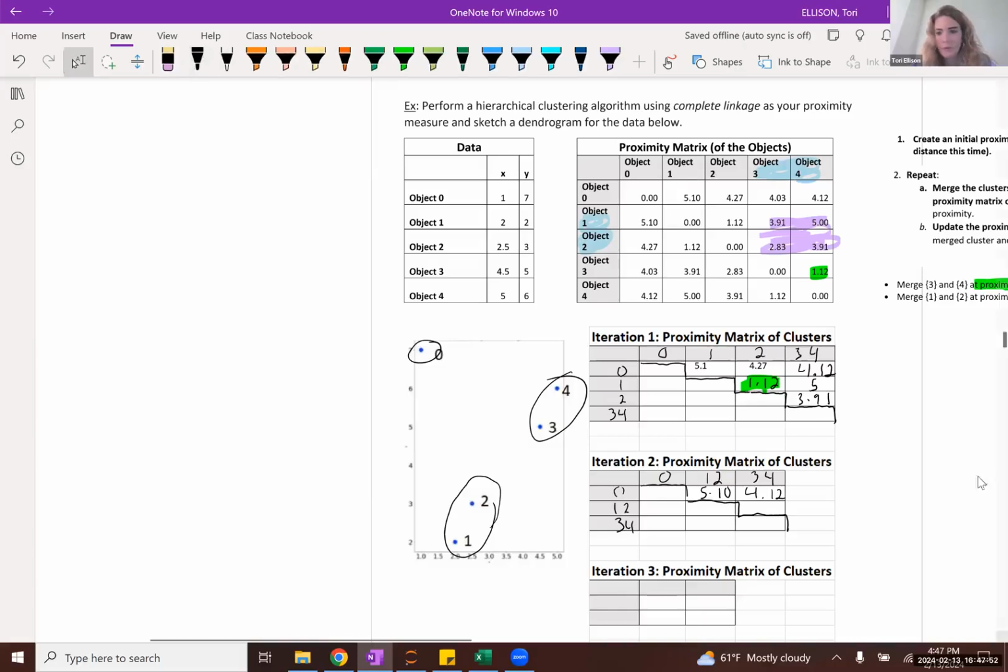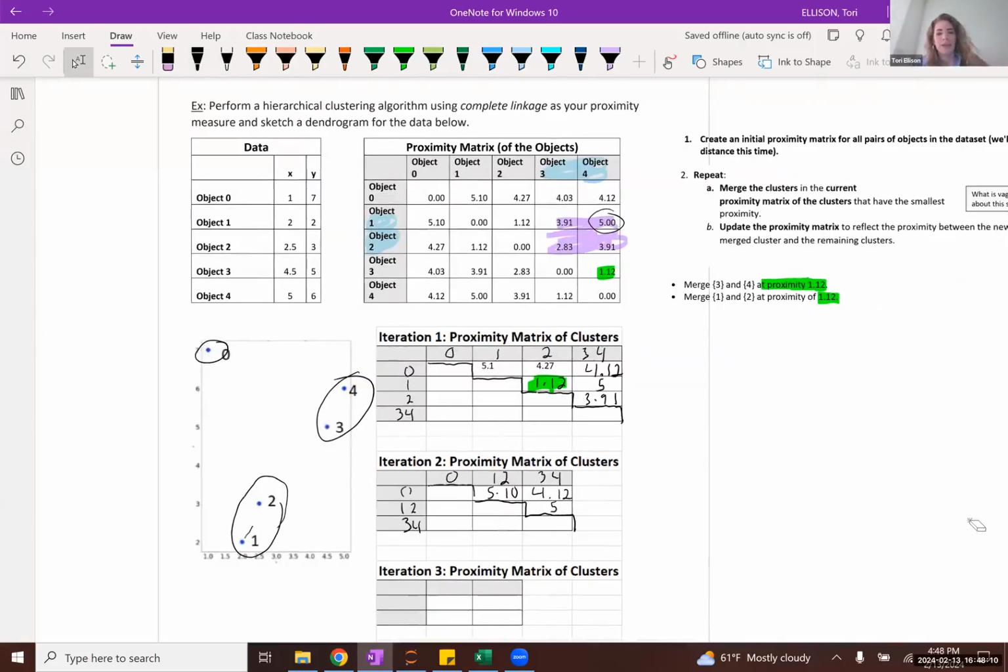So that would involve finding the distance between the two furthest away points in those two clusters. So that's 1 and 4 with a distance of 5. So the distance between those two clusters would be 5. Okay. And so that concludes that iteration.